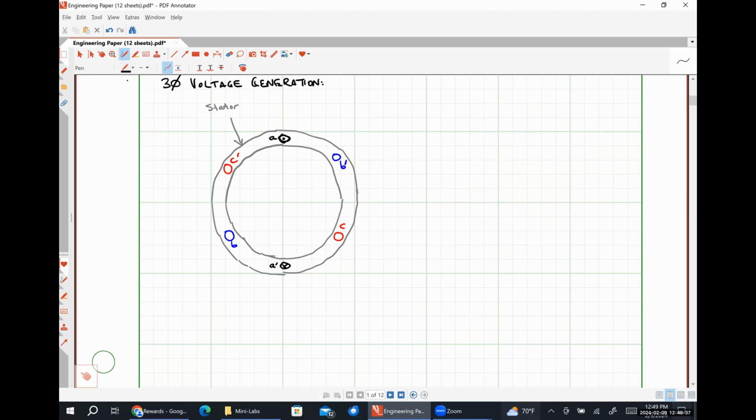And we're going to wire these things up such that I have access to my A terminal here.